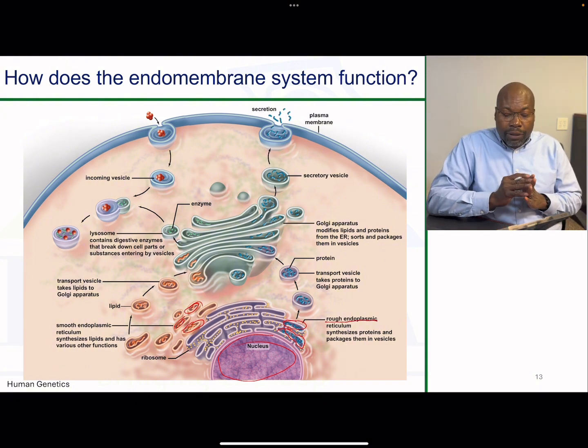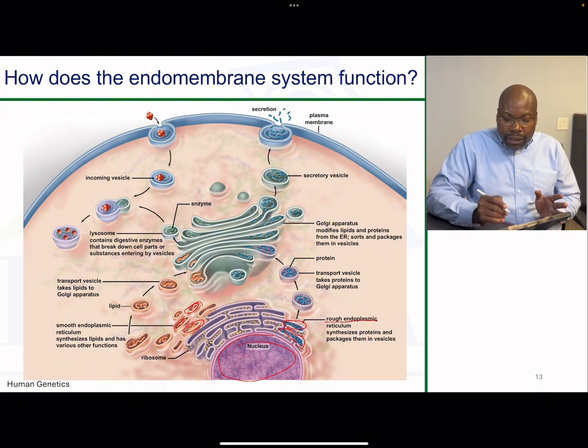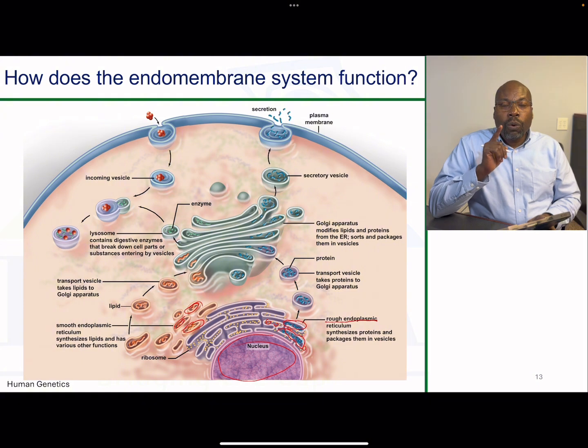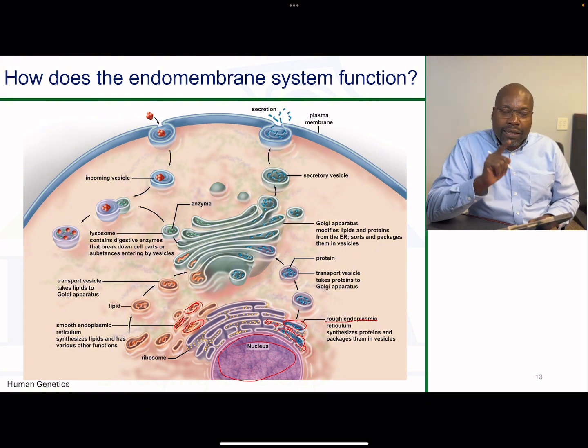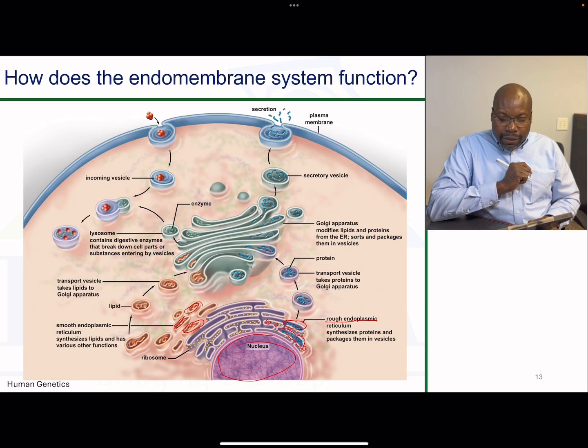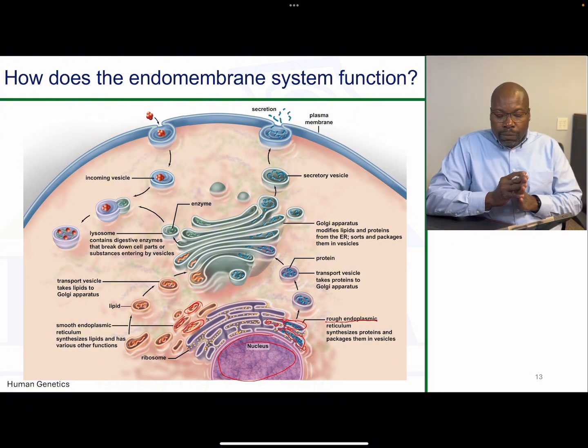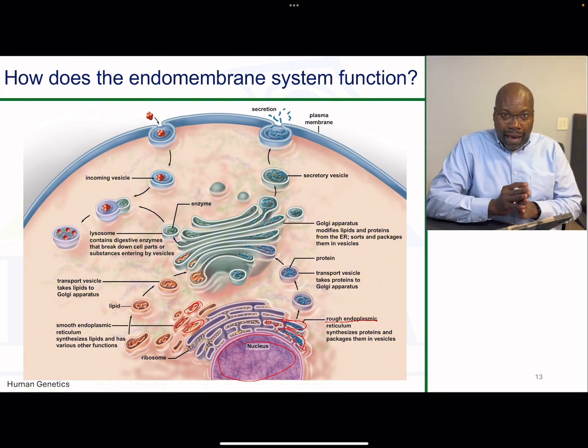That rough endoplasmic reticulum is studded with some ribosomes in yellow here. These ribosomes are the ones that are responsible for the synthesis of proteins. Once these proteins are synthesized, they move within the lumen of the rough endoplasmic reticulum to allow these proteins to be modified.